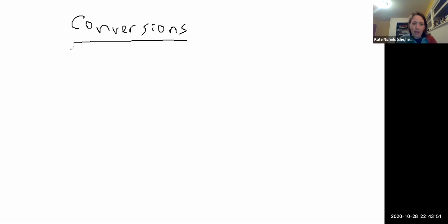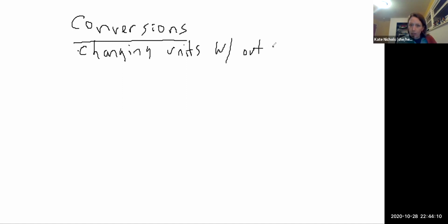retest today. In any case, the idea of a conversion is that we are changing the units of something without changing the value. So let's see here, changing the units of a variable without changing the amount of that variable that we have.